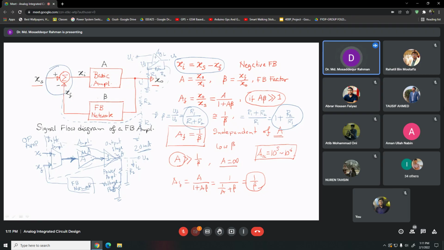So there are many issues with high current. That's why in the amplifier, the current level is always kept low, mostly in the microampere range. Is that clear, guys?